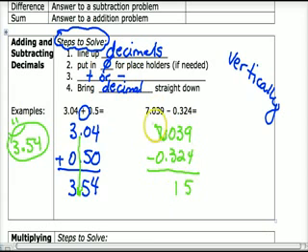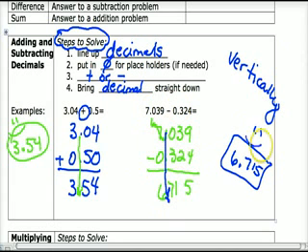Make sure you know that's still a decimal there. 7 and that's 6. Now bring decimals straight down. So here's our decimals. So our answer to this problem is 6.715. Make sure that you have that. If not, push pause.